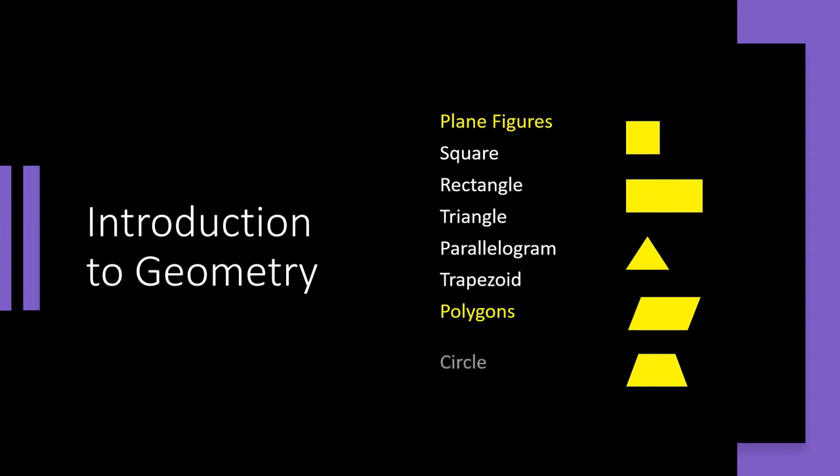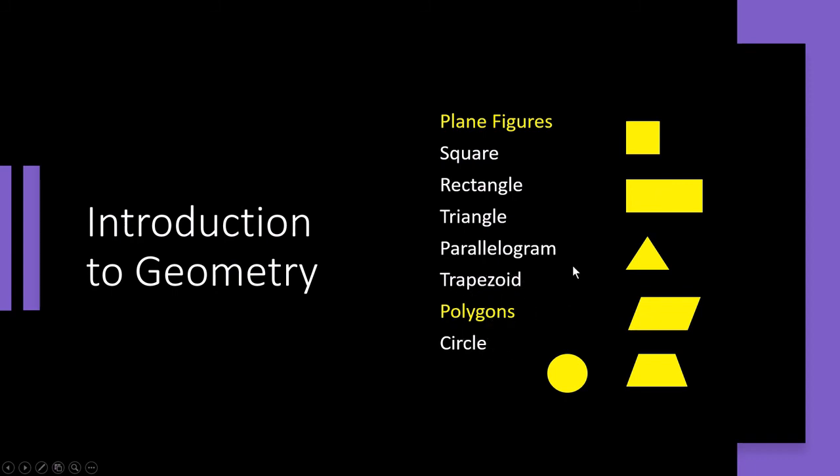And that is, my friends, you probably guessed right, the circle. The circle, if you think about it, has only one side that we can measure, and it goes around, around, around, so we don't really have two sides to measure on the circle. That's why, although a circle is a plane figure, a two-dimensional figure, it is not considered a polygon.